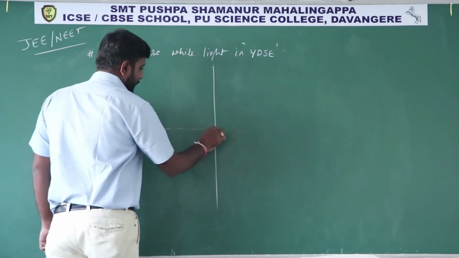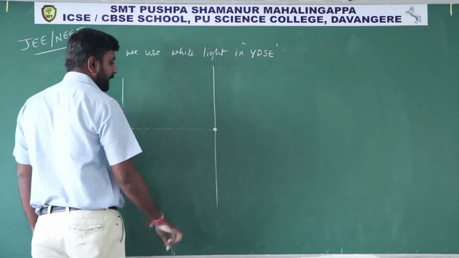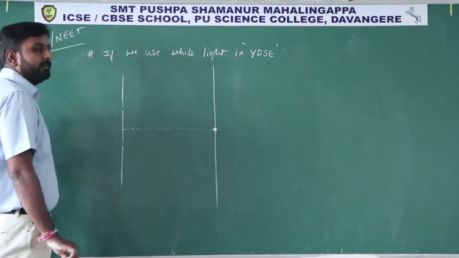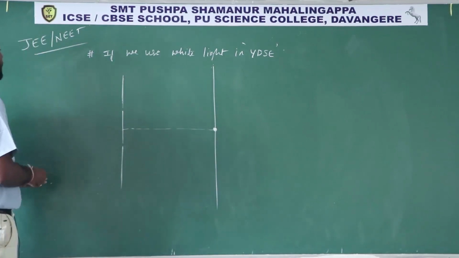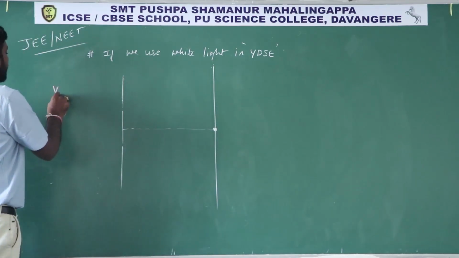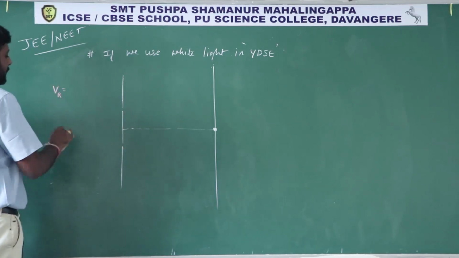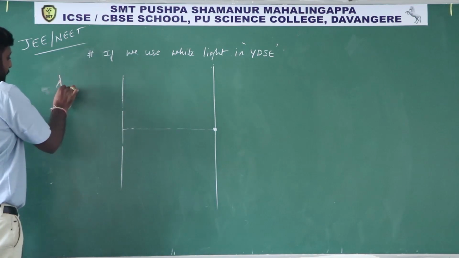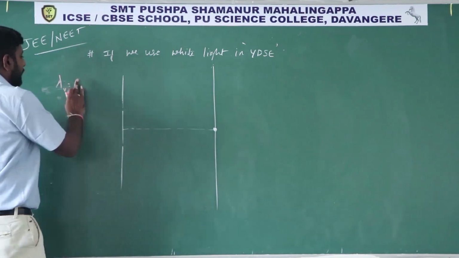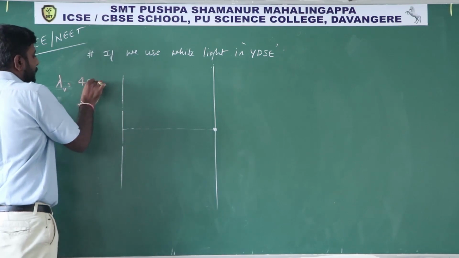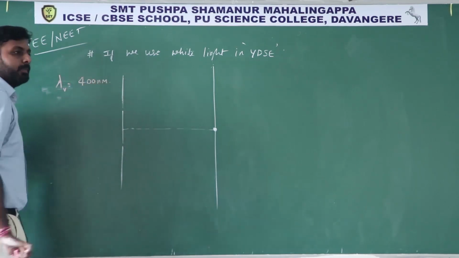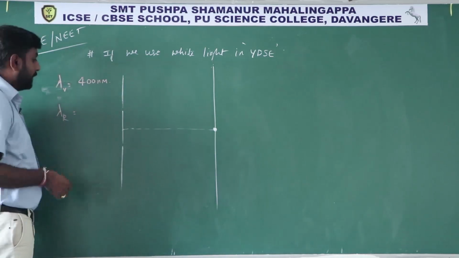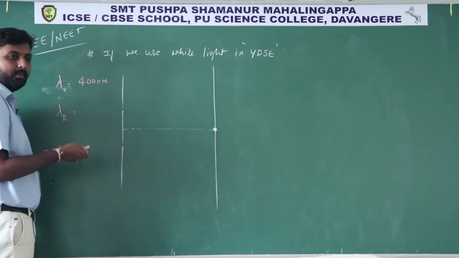So this is the central maxima. White light consists of so many wavelengths. In that, let us consider the violet color light wavelength, approximately 400 nanometer, and the wavelength of red color is approximately in the 750 to 780 range.